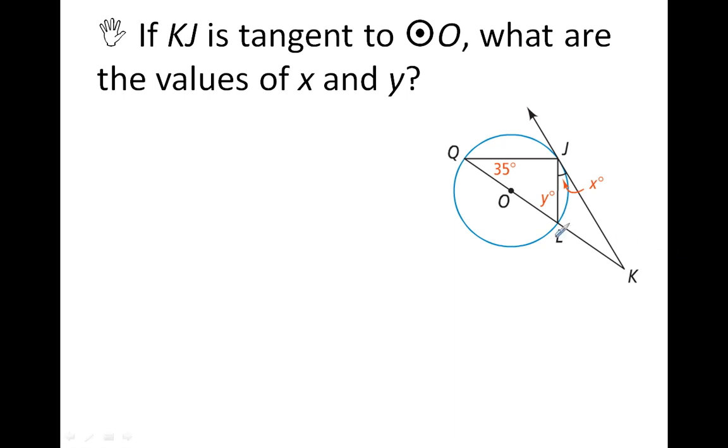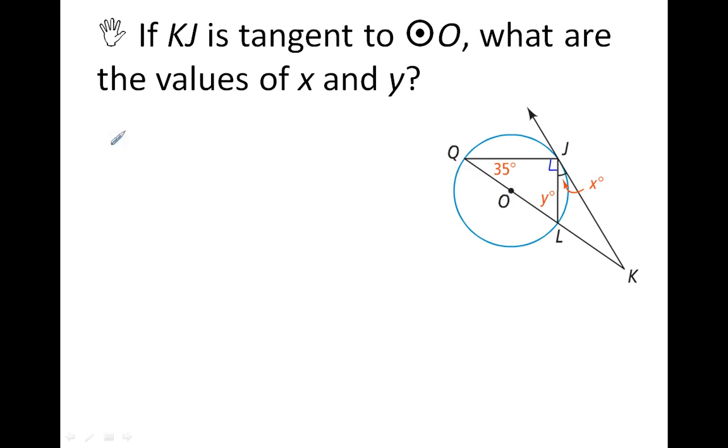Now let's look at this problem. If KJ is tangent to circle O, what are the values of X and Y? So KJ is tangent. Well, if I start by looking at Y, I notice that I have an angle here inscribed in a semicircle, which means that's a right angle. I have a triangle.